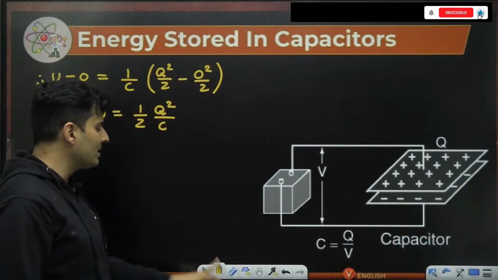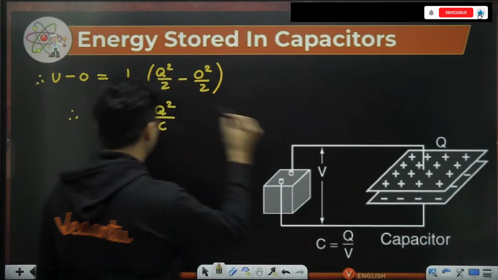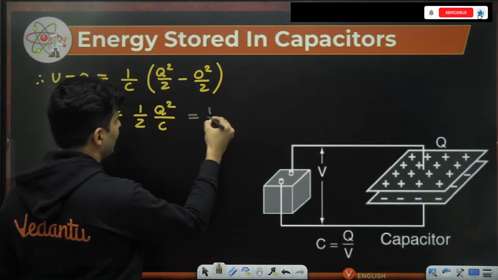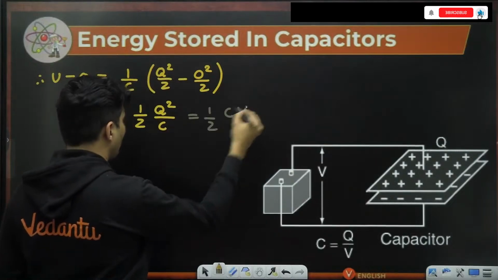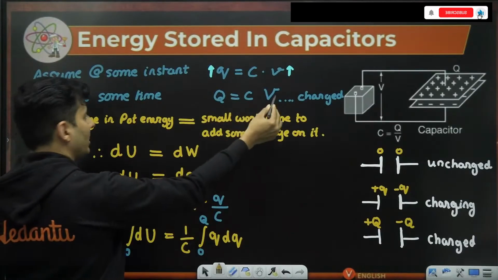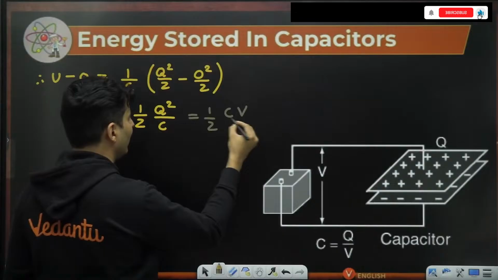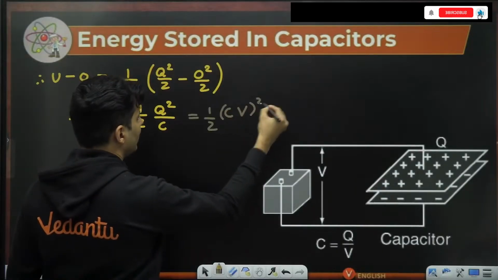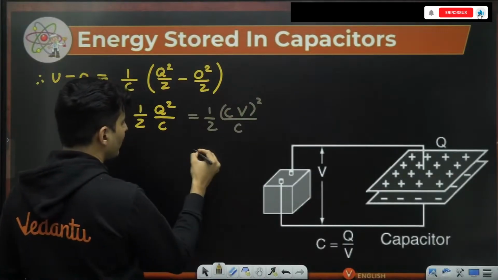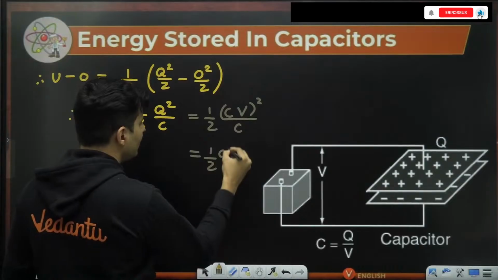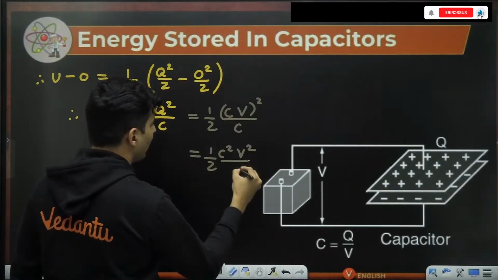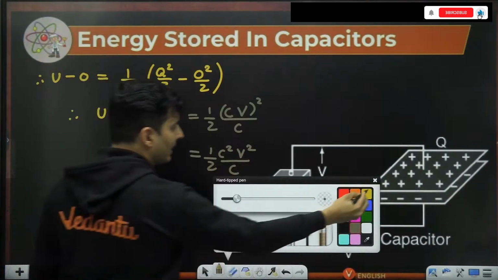So half Q square by C is one of the ways of writing the energy. But there could be obviously multiple ways. Say for example, one person decides charge is nothing but capital C into capital V, capacitance into final voltage. So this whole square divided by C. So this will become half C square V square by C. One of the C's will get cancelled.